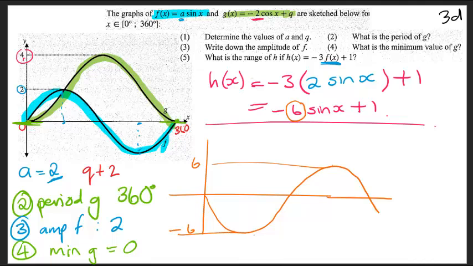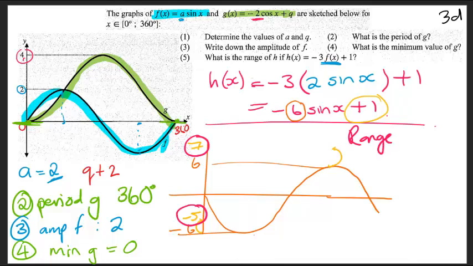But I've got that plus 1 attached to it, so the plus 1 means this goes up 1 unit and it becomes minus 5, and this goes up 1 unit and it becomes 7. So now my range goes from negative 5 to positive 7.